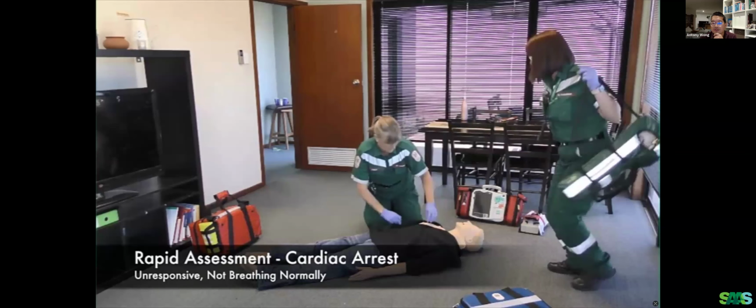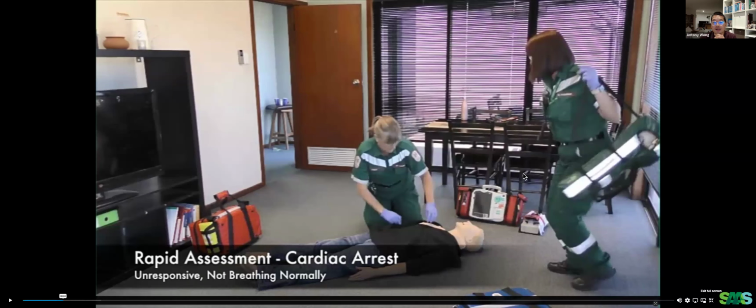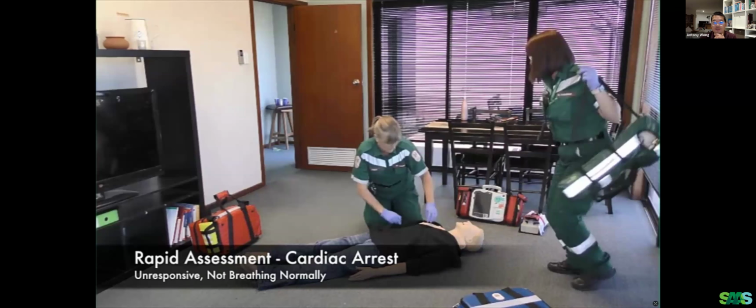Now remember, cardiac arrest can take different forms. The most common form is VF, as in possibly this scenario, but there are other forms such as a hypoxic arrest or traumatic cardiac arrest, which have their own differences in management. She checks for dangers and checks for response, looking particularly for a verbal response.